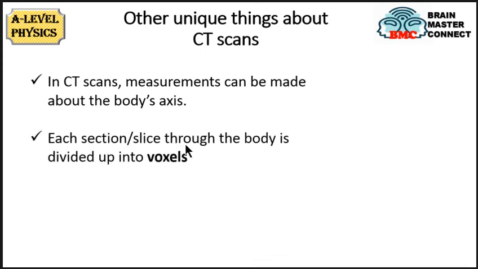Another unique thing is that each section or slice through the body is divided up into Voxels. I've showed you what a slice stands for. I used a cube to represent a slice or section of a body the other time. When the section is divided up, what we get from there is simply a Voxel.